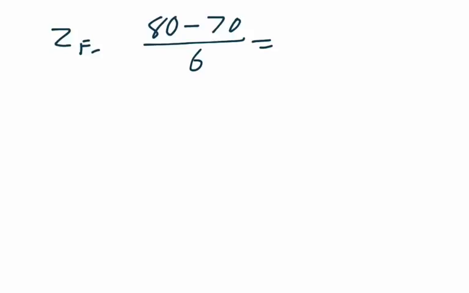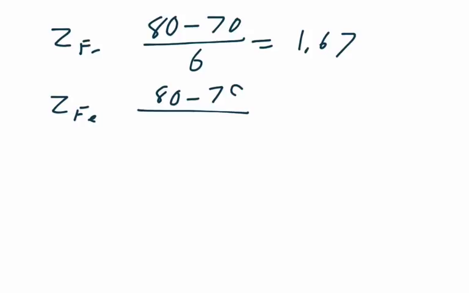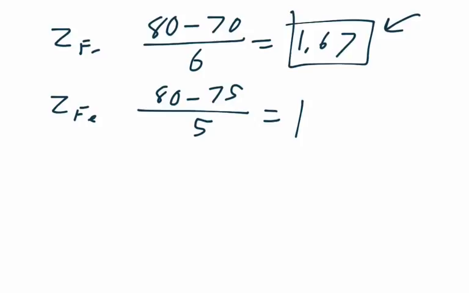So when I plug that into my calculator, I get 1.67. For Fader, the mean was 75, and the standard deviation was 5, so that's only a z-score of 1, which means you actually did better on my test, even though you scored 80 on both tests. When comparing both tests to the entire group, my test was better for you.